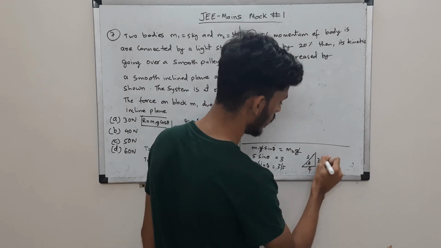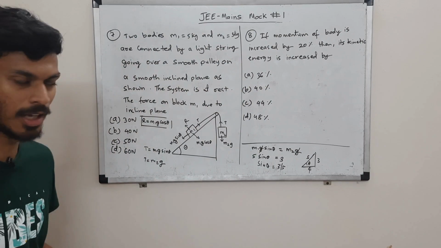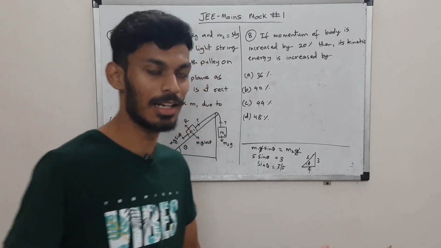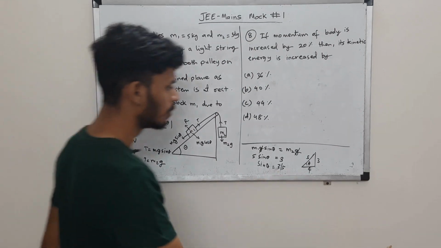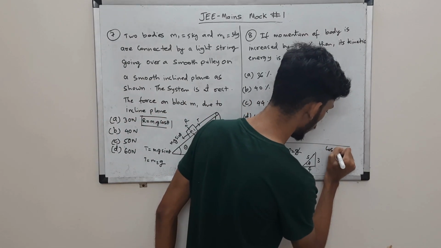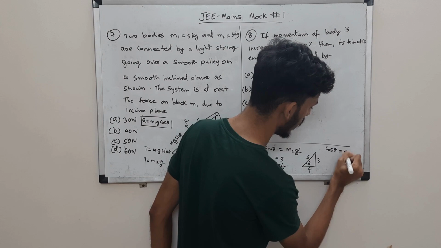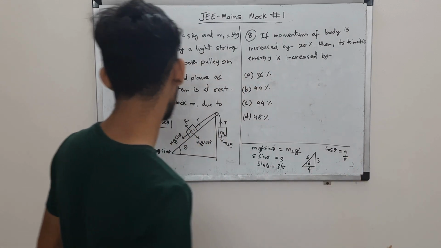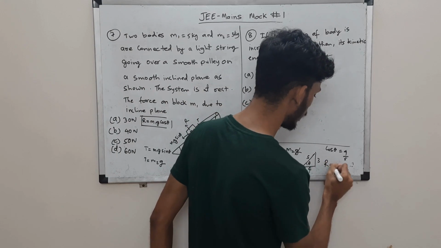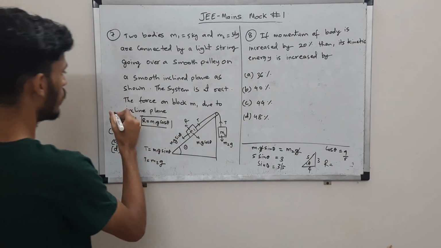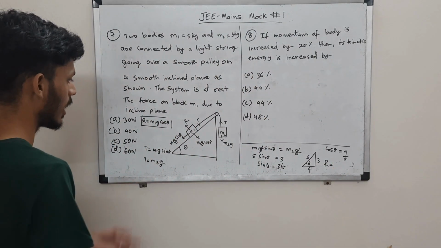So this will be 3, 4, 5, right? You can use the Pythagoras triplet, or you can also use the Pythagoras theorem to find this side. It will be 4. So now you know that cos of this angle will be 4 by 5, right? So now you know cos theta, you can easily substitute in that R and find the reaction force, the force on the block due to the inclined plane.